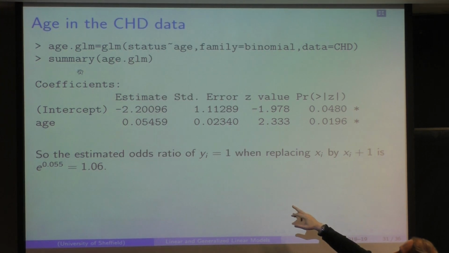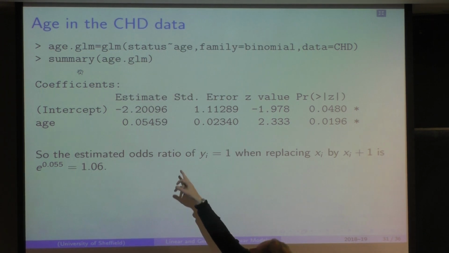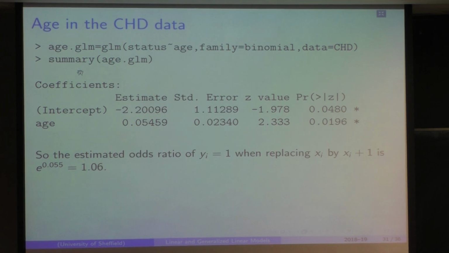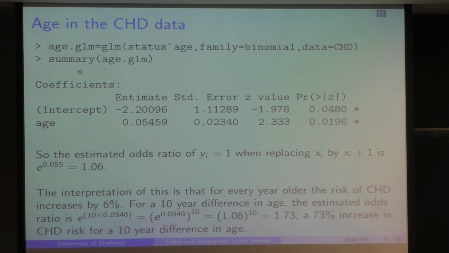We can work out the odds ratio as e to this estimate here. This is obviously our estimated odds ratio, and here it comes out as 1.06. So that's saying the estimated odds ratio for given somebody is 1 year older is 1.06. So every year older, the risk of coronary heart disease increases by 6%.